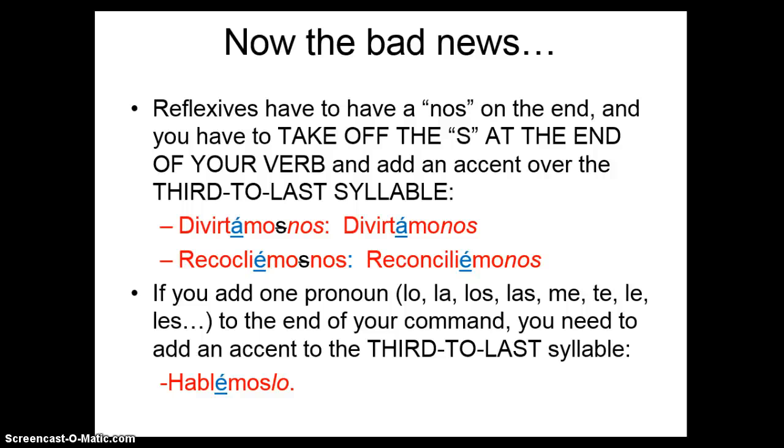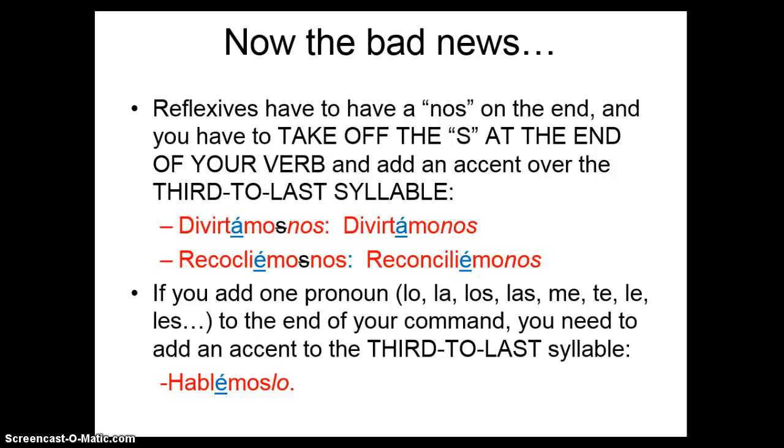So if you go back when we add a pronoun, the last syllable is nos, the second to last syllable is mos, and the syllable before that, the third one back, is going to be the e. So we end up with reconciliémonos. Okay, reconciliémonos. Notice the nos, the pronoun on the end, and notice our accent over the e, three syllables back. And notice that we got rid of the s at the end of the verb form.